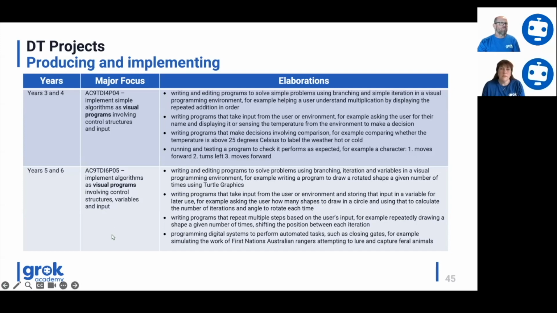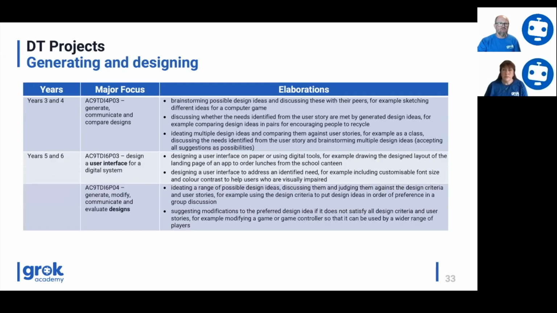So we'll notice here we're talking about producing and implementing, but the verb that applies here is implement. You would find in the design and technologies content descriptions for this substrand, they would have producing as the verb. And it works that way throughout most of these substrands in the digital technologies, that one of the verbs is the key one.